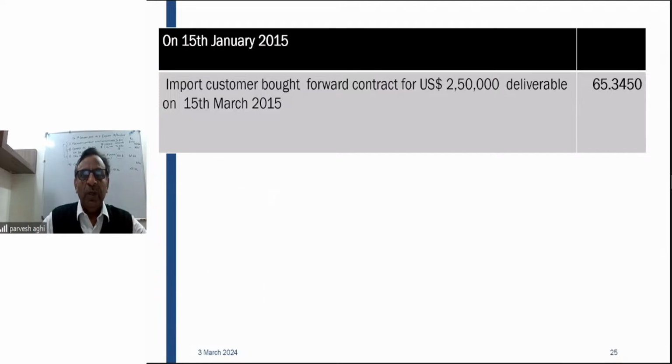Let's understand that. I'm just going to explain it on my slide, and if required, I'll go to the board and also explain on your request. On 15th of January 2015, the import customer bought a forward contract for $2,50,000, deliverable on 15th of March, and the rate given by the bank was 65.3450.